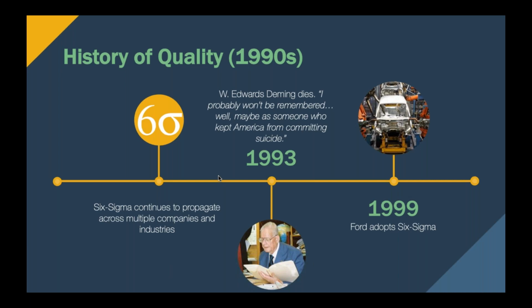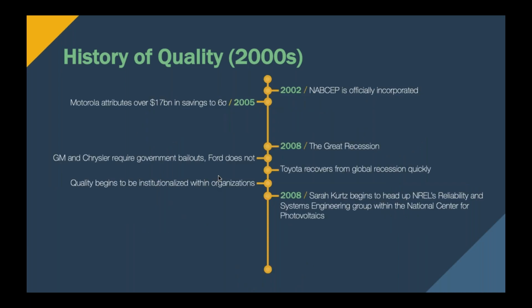In 99, Ford adopts Six Sigma. And then just to tie this to solar now, in 2002, NABCEP is officially incorporated. And over the early 2000s, a series of industries begins to really work to utilize quality. Toyota recovered from the Great Recession quickly.